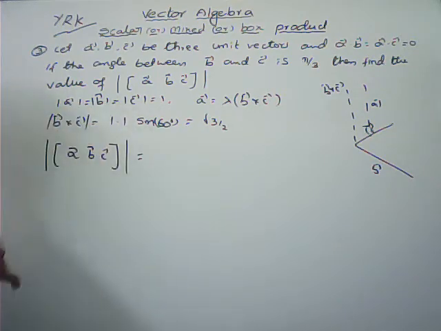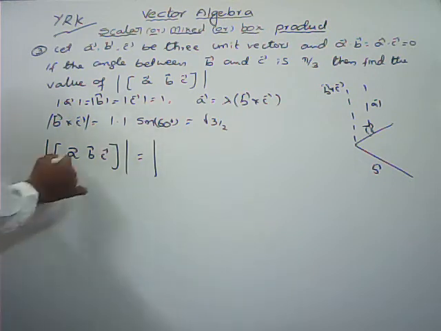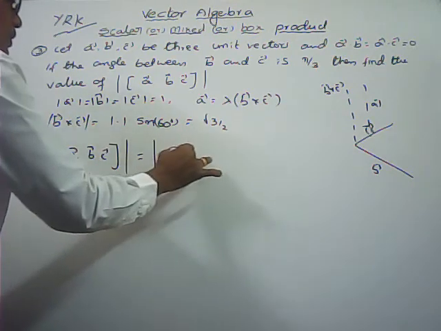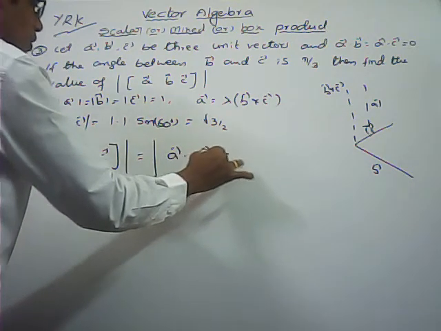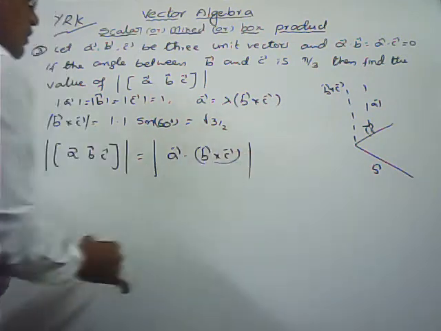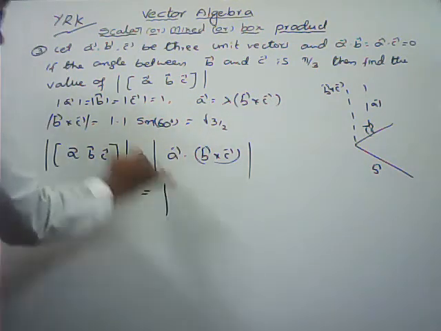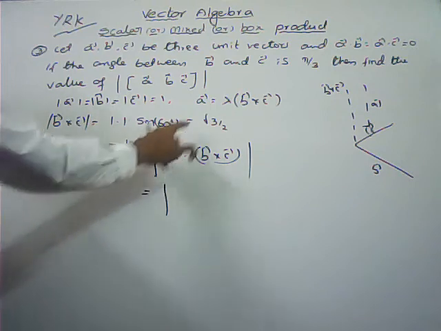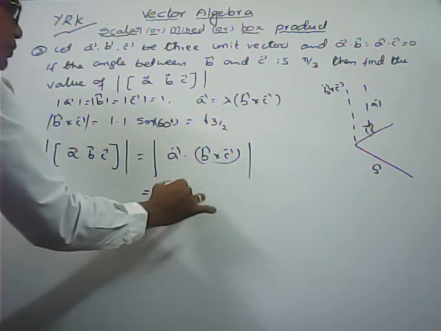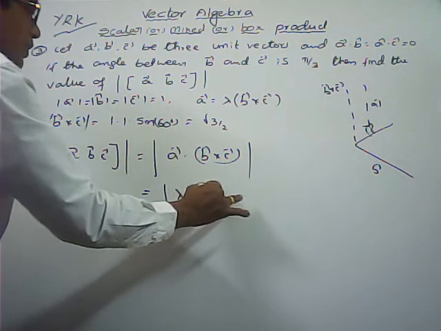That is equal to modulus of A bar dot B bar cross C bar, box means that. What is A bar? A bar is equal to lambda into B bar cross C bar.